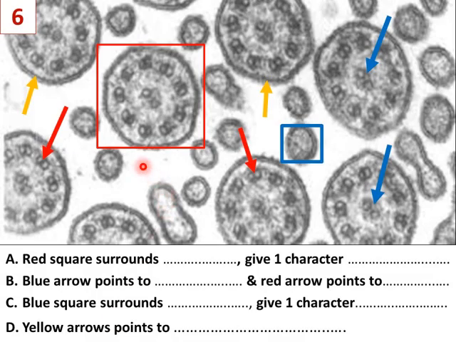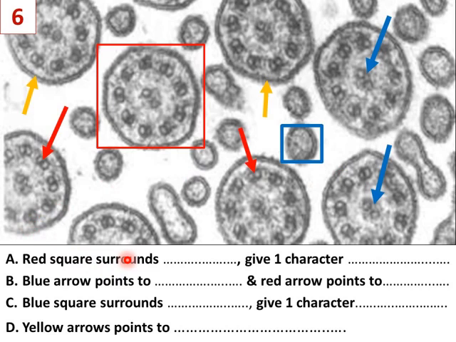This is an EM picture showing the red square surrounding a shaft of a cilia, while the blue square surrounds a TS section in the microvilli. This comes from a cell in the inner ear you're going to study, inshallah, in second year.